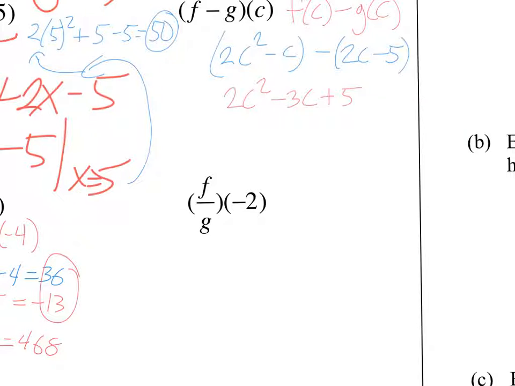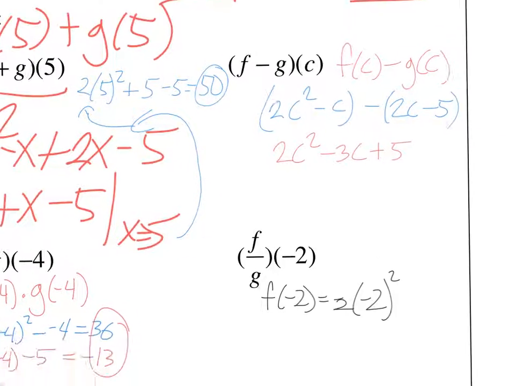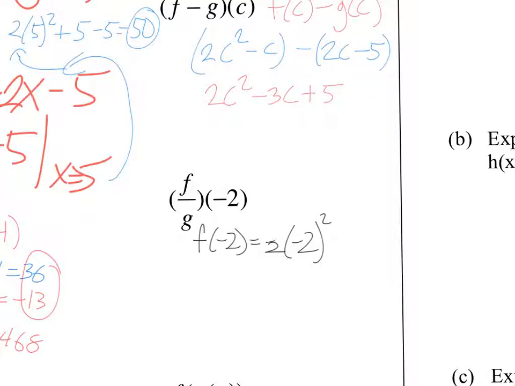F over g of negative 2, I'm going to do the same way. I'm going to write this first by finding f of negative 2. So that's 2 times negative 2 squared. And then, is that plus 5? No, minus x. Wow, that was fun. Minus negative 2. And then I'm going to do that out.